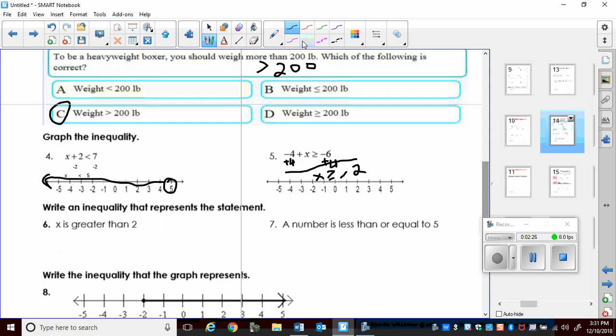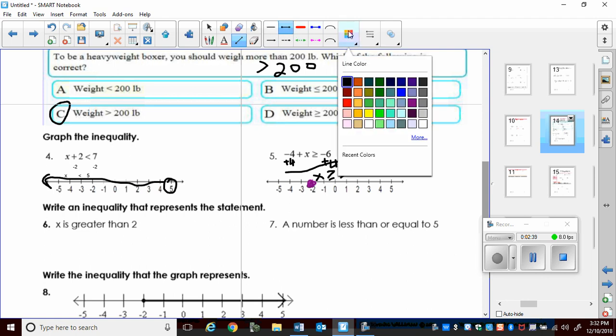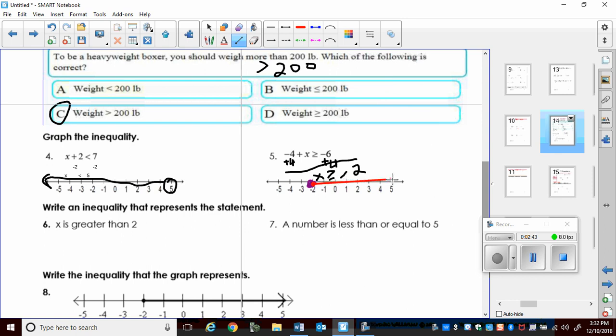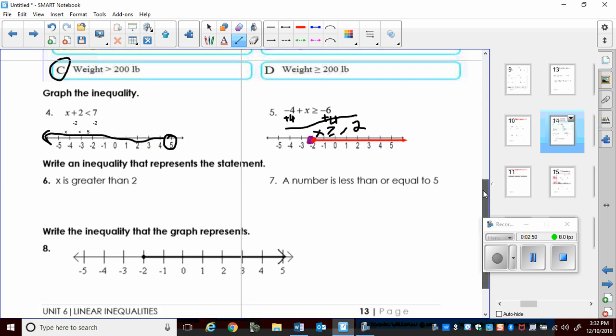So I go find my -2. It's a filled in circle. Numbers that are greater than -2 are towards the left. I'm sorry, correction, towards the right. Towards the right.